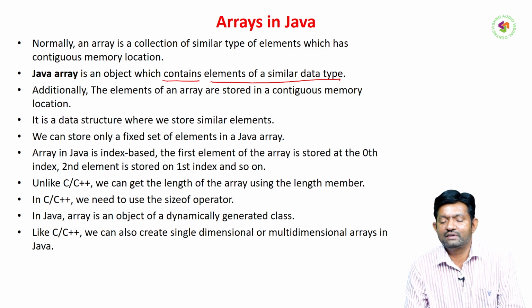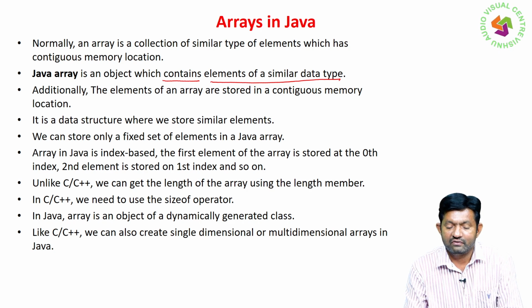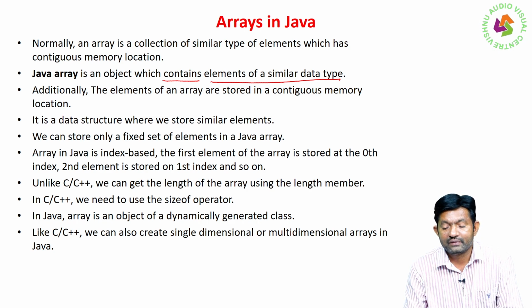Additionally, the elements of an array are stored in contiguous memory locations. It is a data structure where we store similar elements. We can store only a fixed set of elements in a Java array.